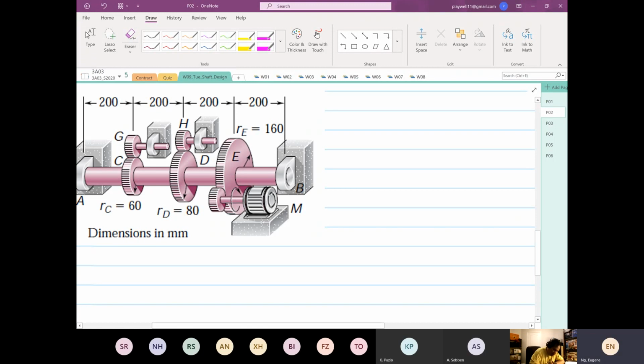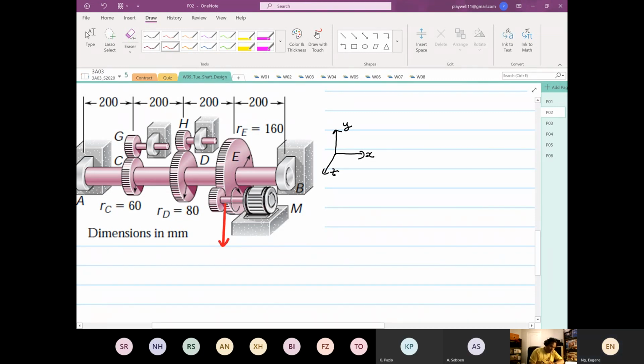If this is our orientation, this is X, Y, and this is Z. And if we view from point X, where the gears touch is where the force will react, or the force will be transmitted. So for the motor gear, the force is going to act in this direction.